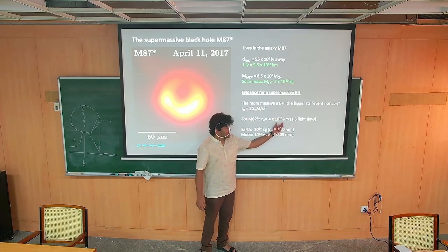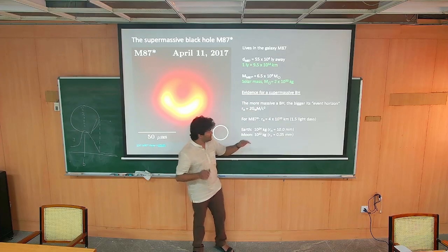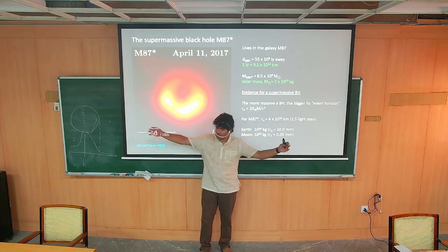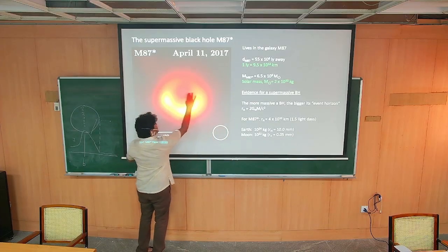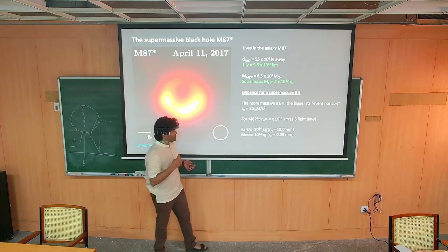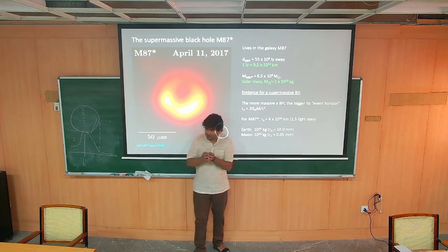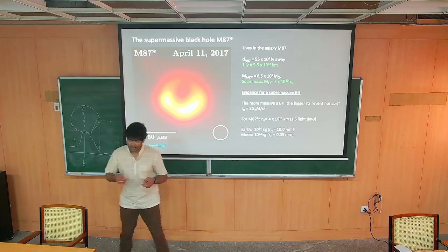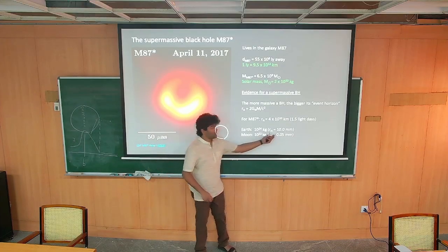This guy, let's say if it were a black hole, we'll argue it is a black hole. Its size is 10 to the 10 kilometers. So the entire radius on the sky, there's an angle, but if you were to think of it in linear size, it's 10 to the 10, 10 billion kilometers across. If you took the Earth and packed all of it into this size, 10 millimeters, it would form a black hole. Okay. So for the Earth to form a black hole, its Schwarzschild radius is 10 millimeters.